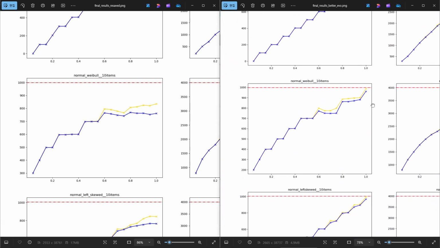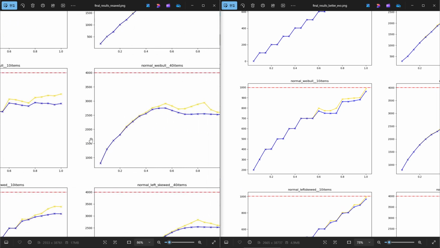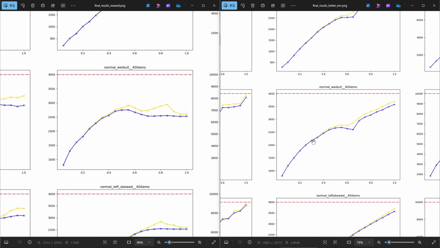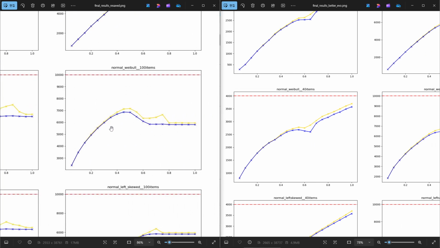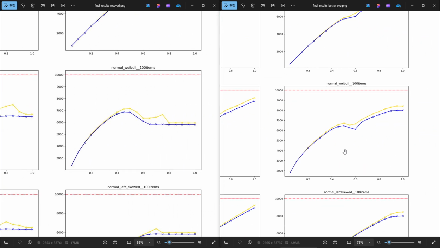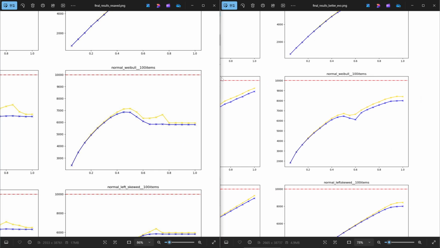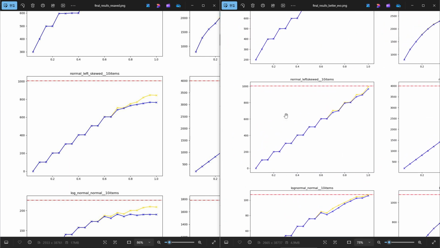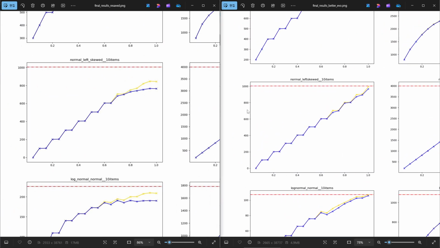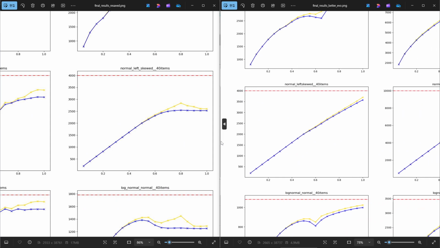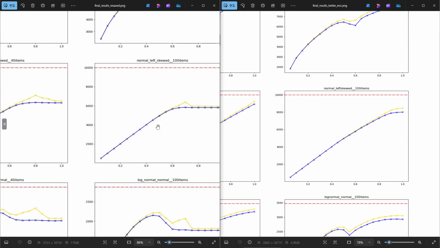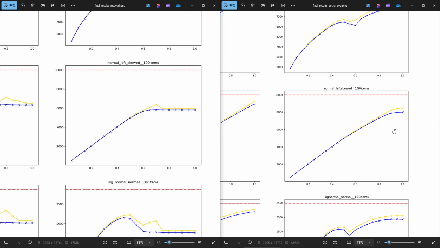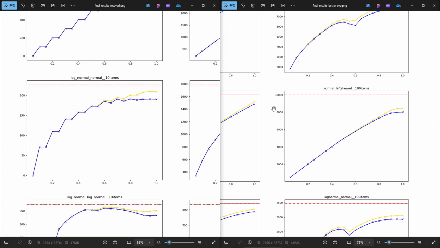Normal Weibull. For 40 items, yep. For 100 items, everything is working here. For normal left skewed, yep, 100 items. Again, slight slacking off towards the end.